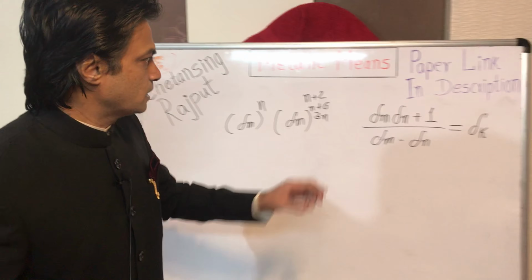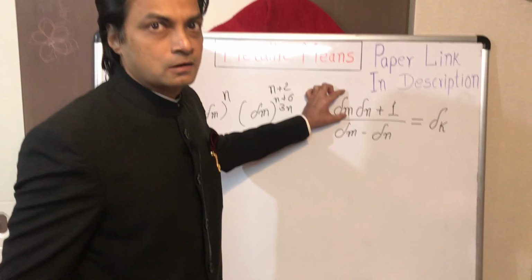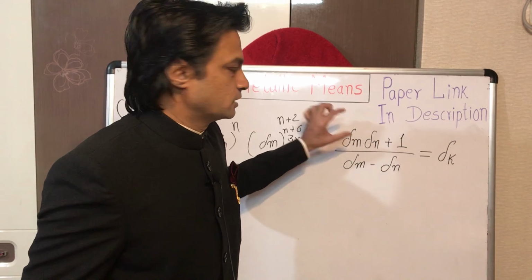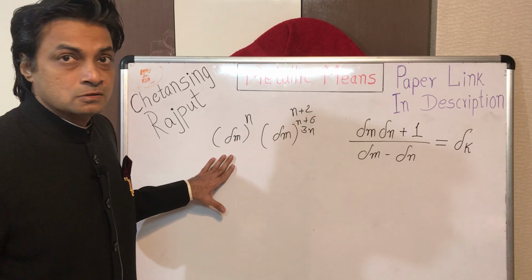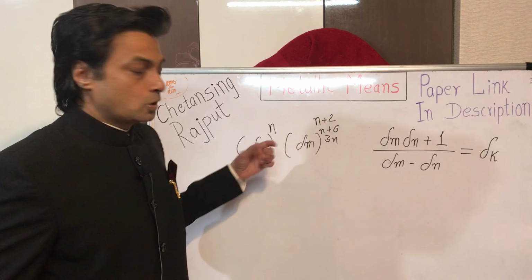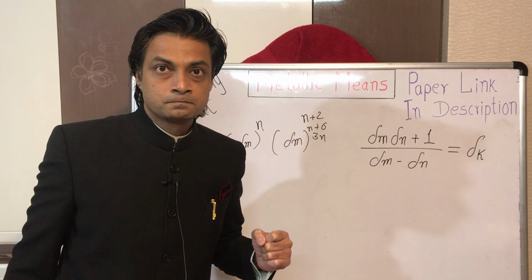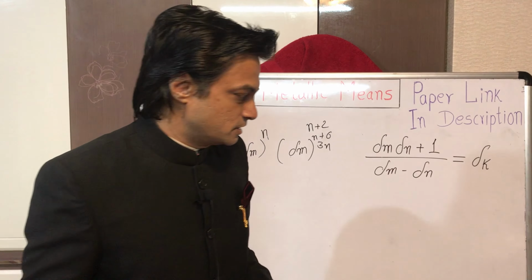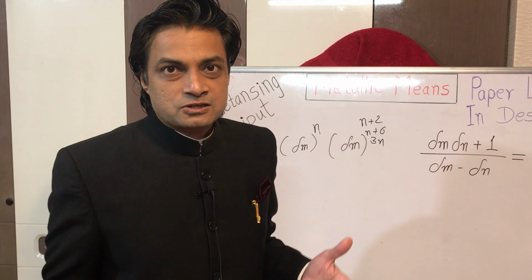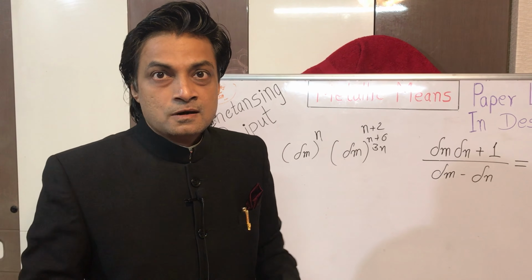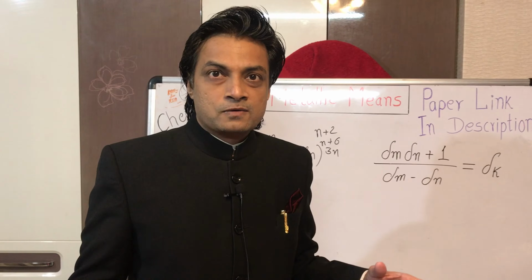Here we used different odd powers of the same metallic ratio. Now let us see how several metallic ratios can be expressed as different odd powers of different metallic means.